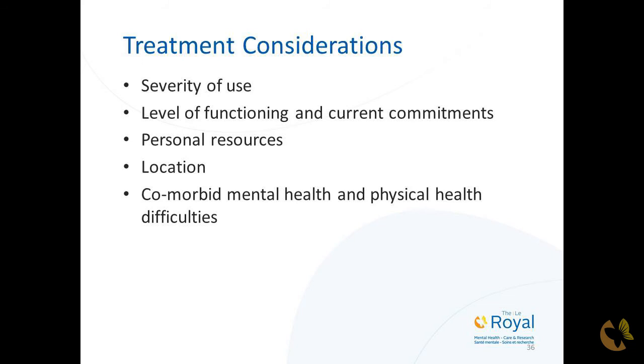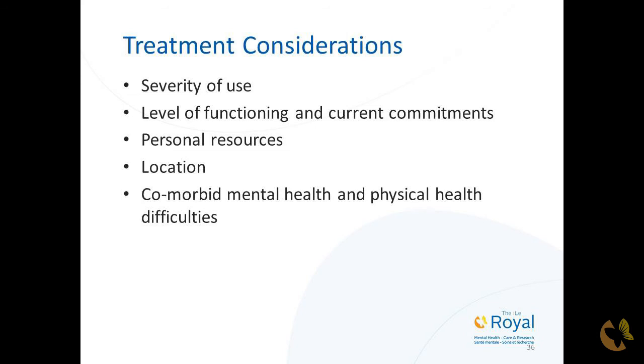Do people have a car? Also, what are people's comorbid mental health and physical health difficulties? If we're looking at, say, residential treatment and there's a lot of stairs, is that a good option for folks? So there's lots of different considerations about what matches people to their level of treatment. And it's very important to match people to the level of treatment that they need.